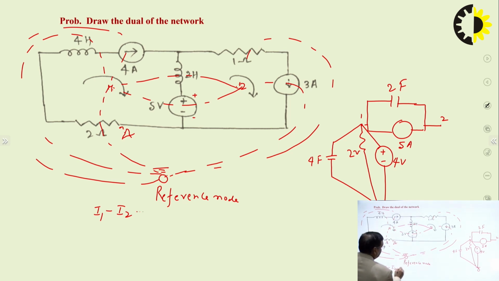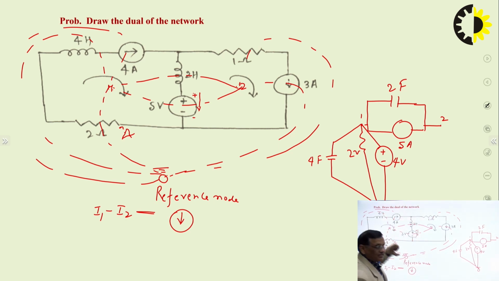So the dual will be the current source away from node 1. Look at I1 minus I2, it is entering the plus terminal and leaving the negative terminal.